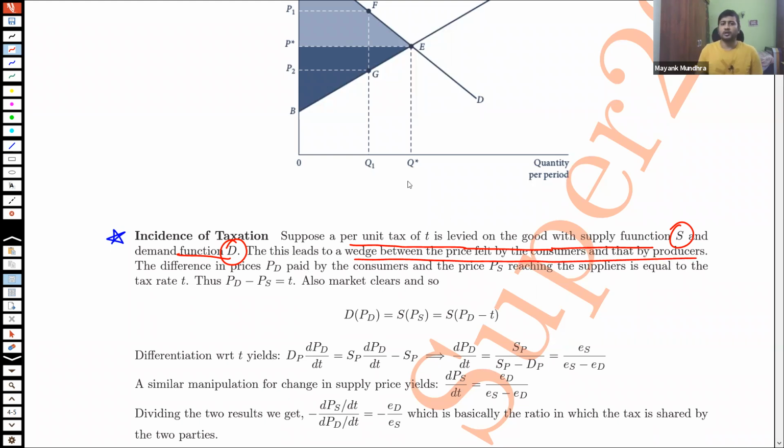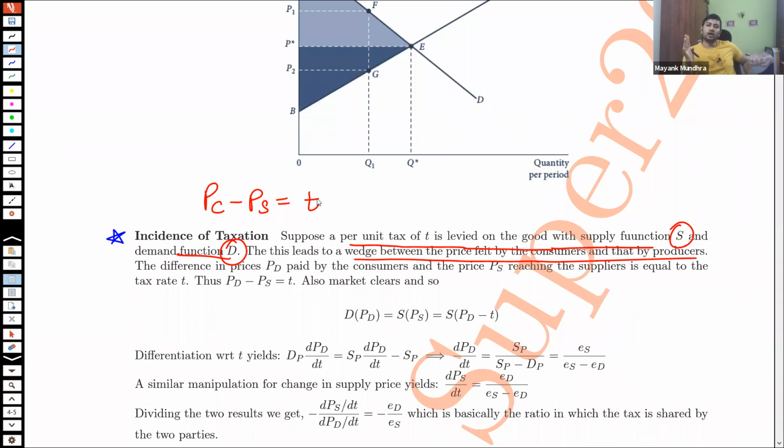If you have a per unit tax of T, then the price which consumers pay minus the price which suppliers get is going to differ by an amount of T. Suppose you have a 10% tax on some particular commodity. If the producers are charging 100 rupees for that product, you are going to pay 110 rupees for that product. So the difference of 10 rupees is going in the pockets of the government.